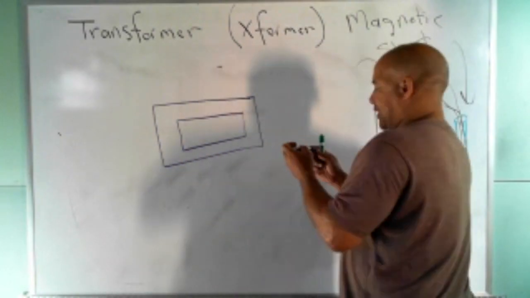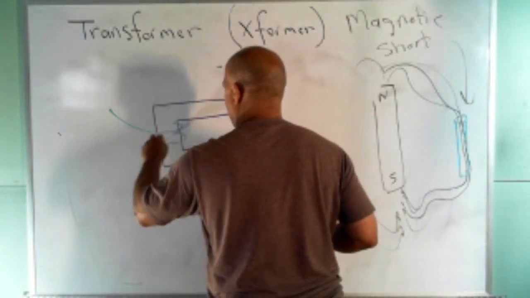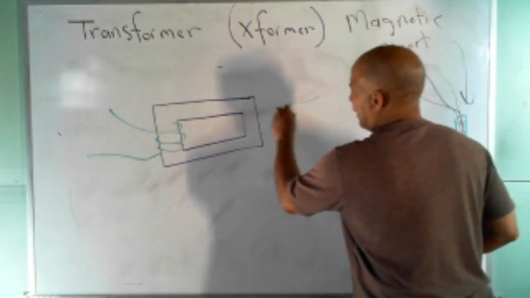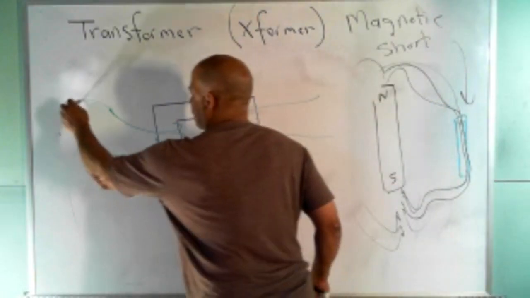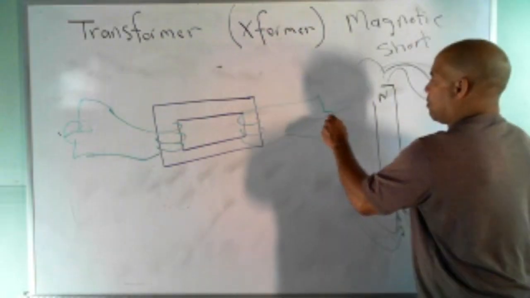And then I take my primary winding and I wind over here, and I take my secondary winding and I wind over here. So here is my voltage source, here's my load. Now how would that work?